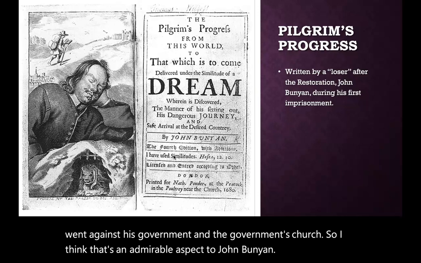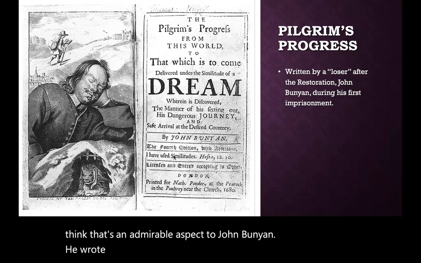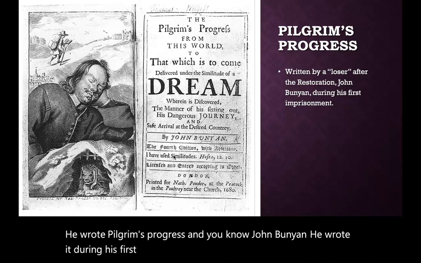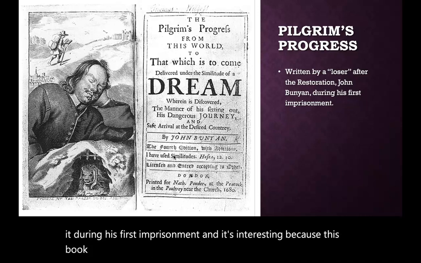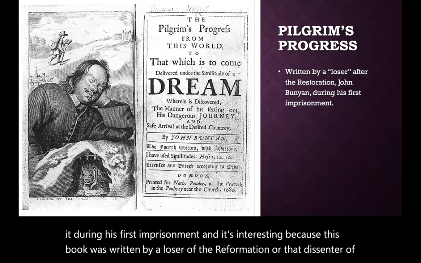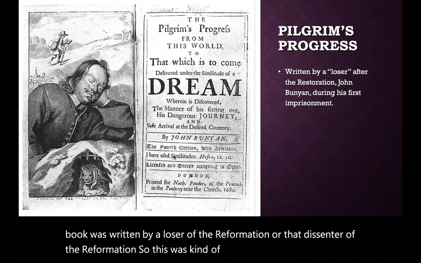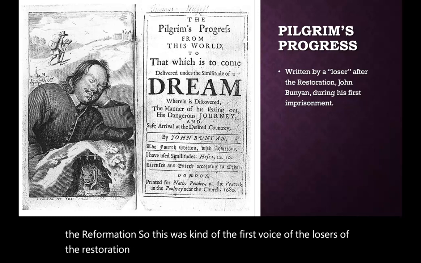He wrote Pilgrim's Progress, and John Bunyan wrote it during his first imprisonment. It's interesting because this book was written by a loser of the Restoration, or that dissenter of the Restoration. So this was kind of the first voice of the losers of the Restoration that the public really gets to experience.